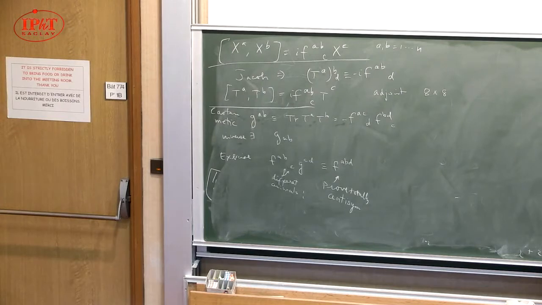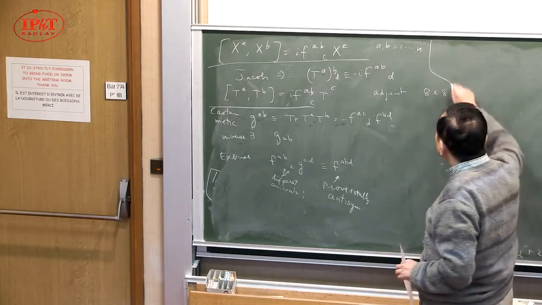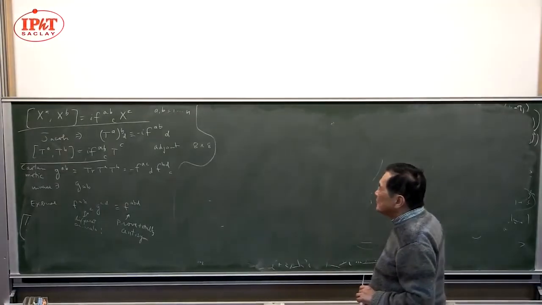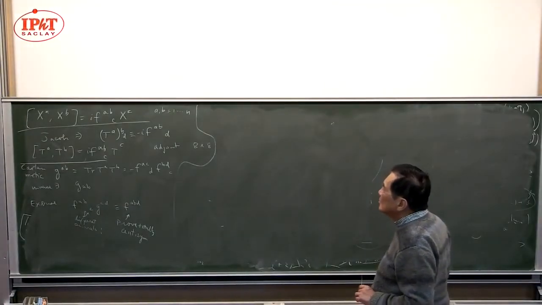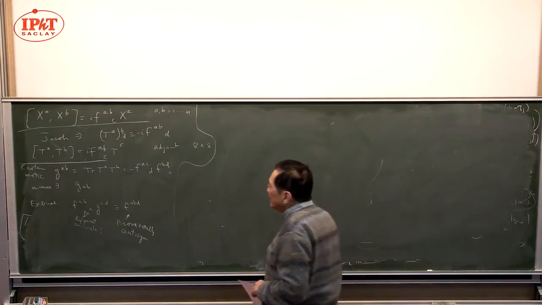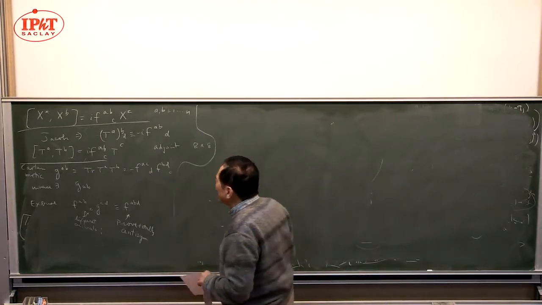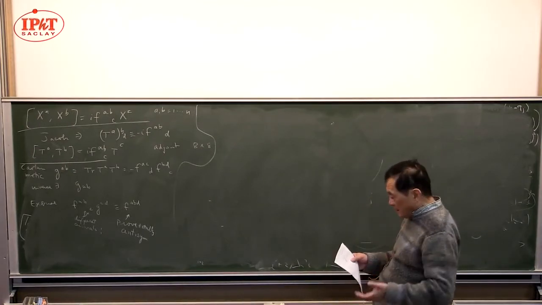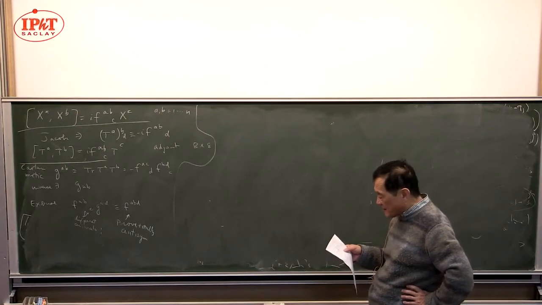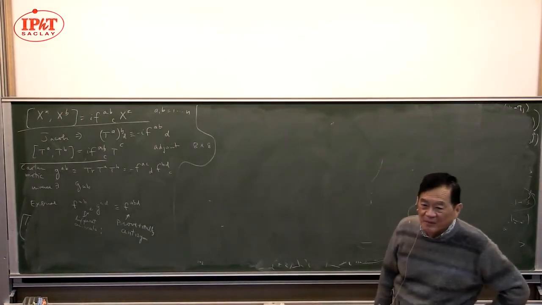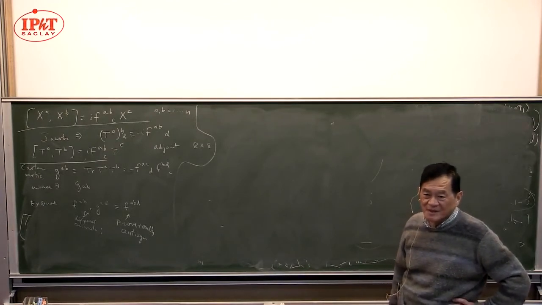If I have worked out the generators of the algebra in the defining representation, then how can I define the Cartan metric with those generators? Well, the Cartan metric, by definition, is defined in terms of the structure constant. Now, of course, if you know the defining representation, you also know the structure constant, just by computing the matrices in the defining representation.